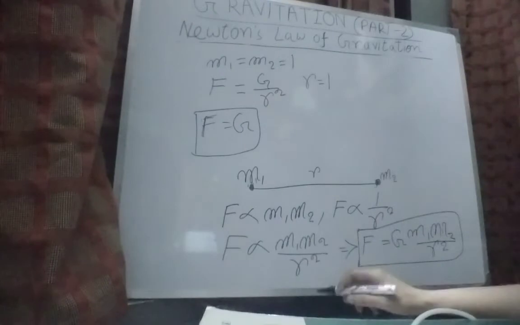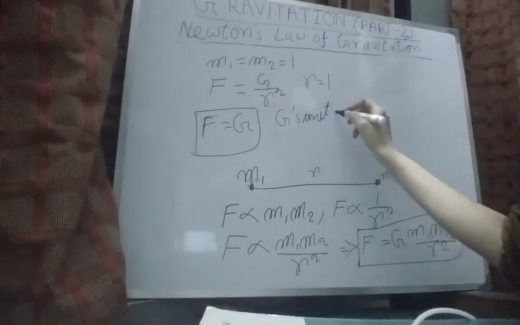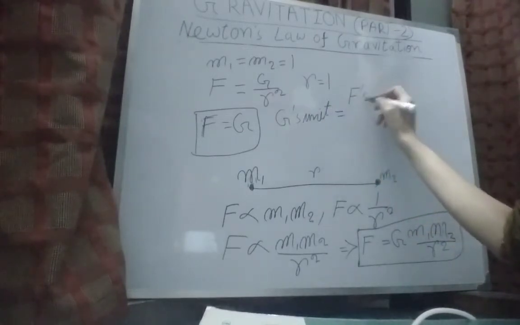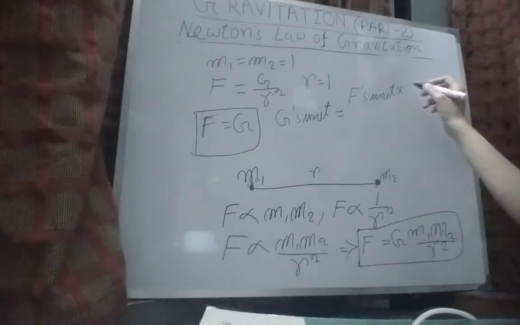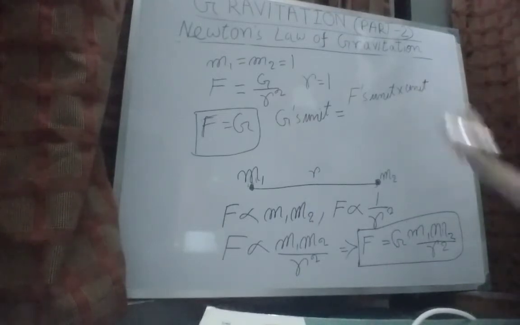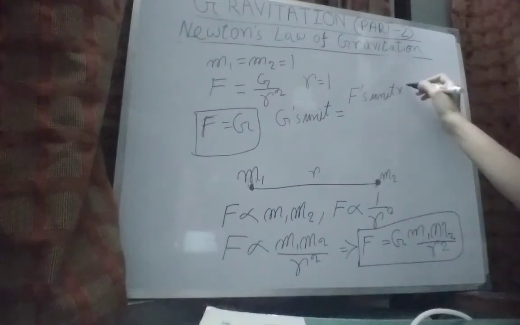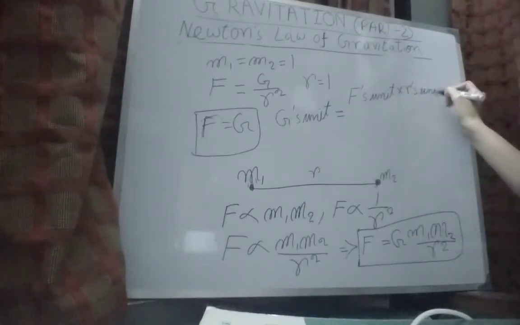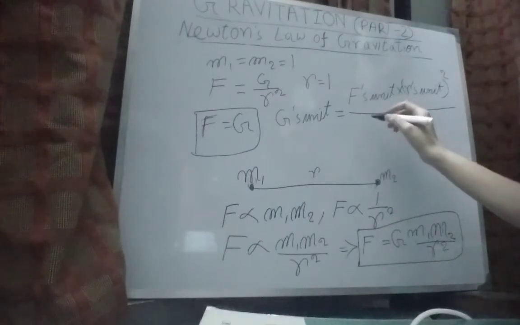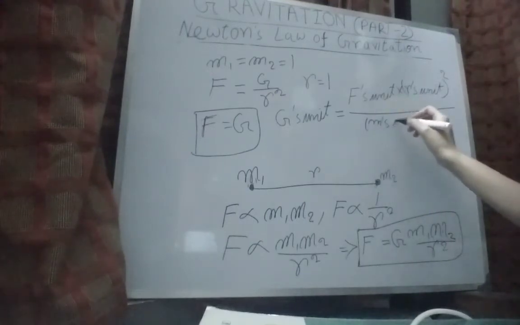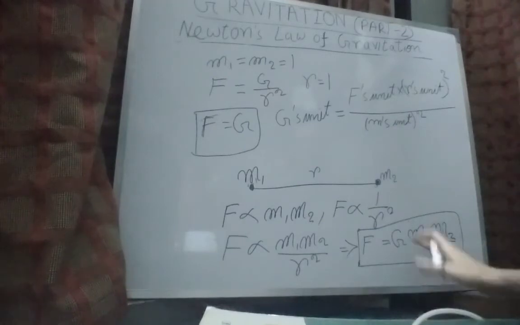And what is the unit of G? The unit of G equals the unit of F into the square of the unit of r, divided by the square of the unit of m.